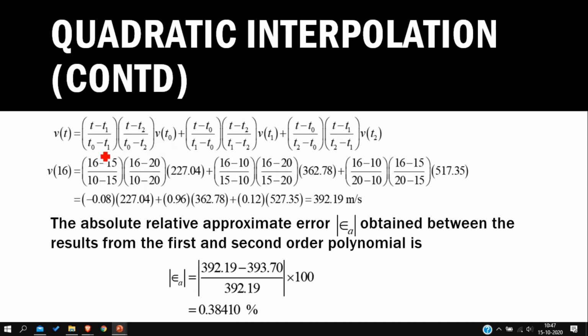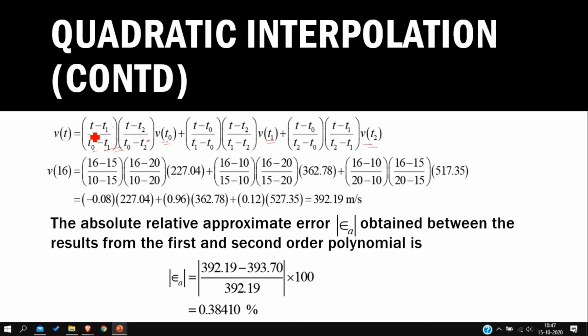So v of t0, that value we know, then v of t1, the value we know, and v of t2, the value we know. t0, t1 and t2 we know. All the values we know except t.